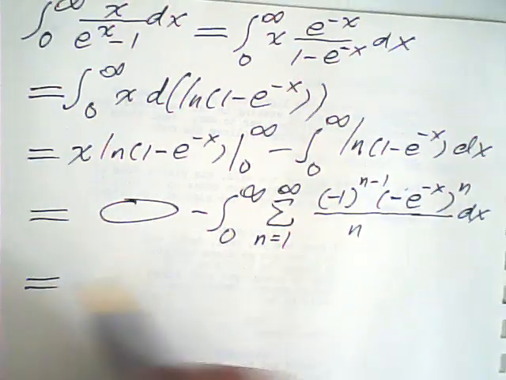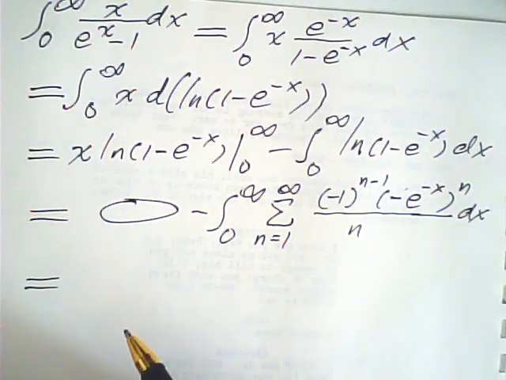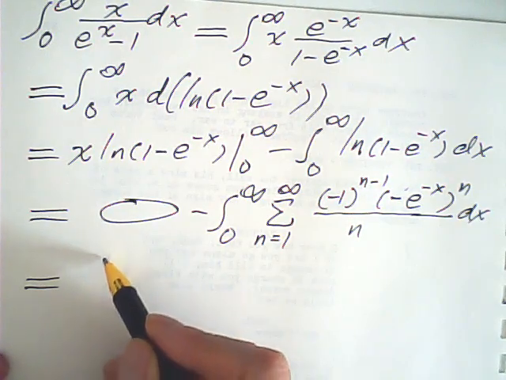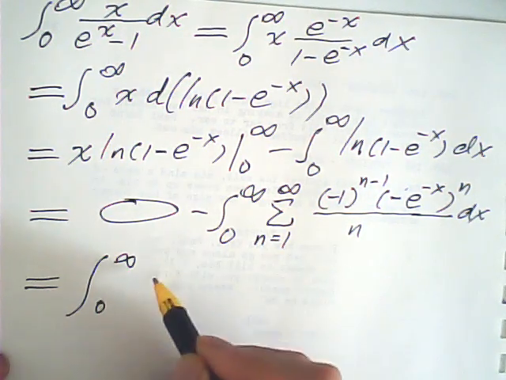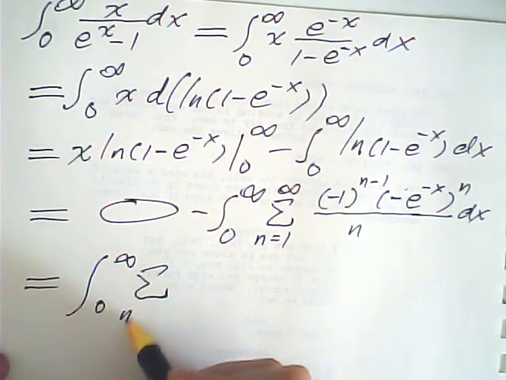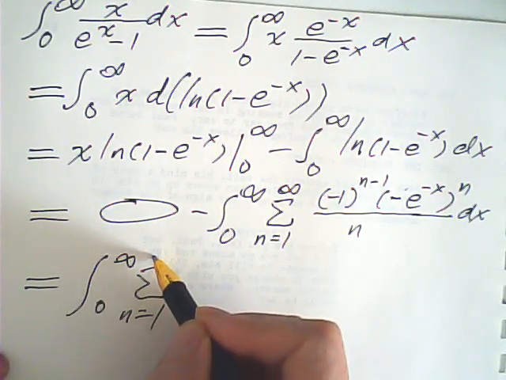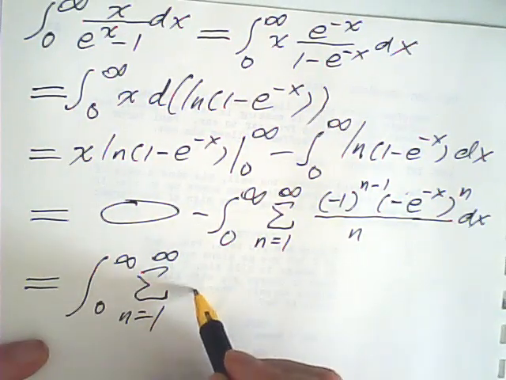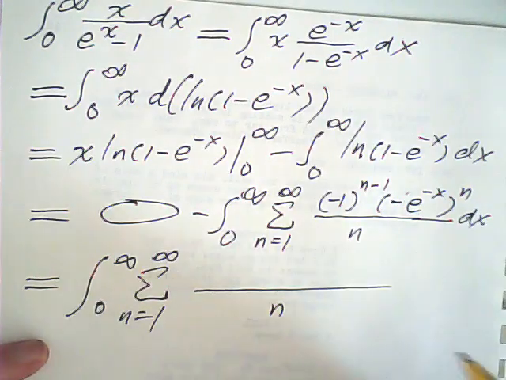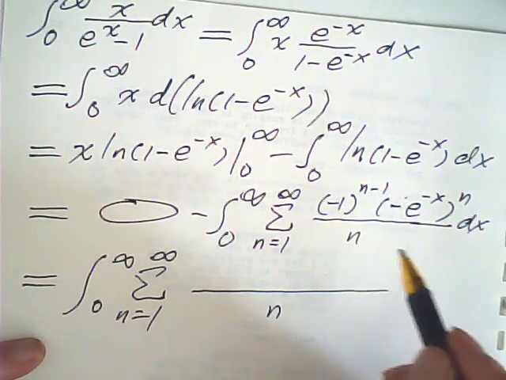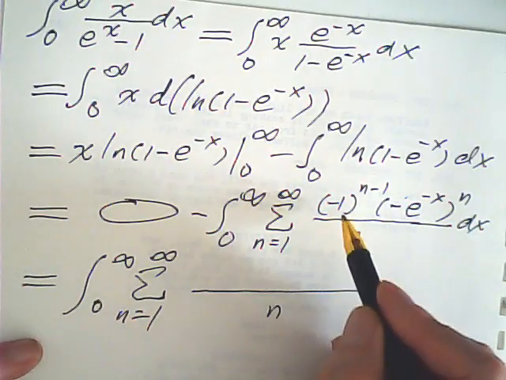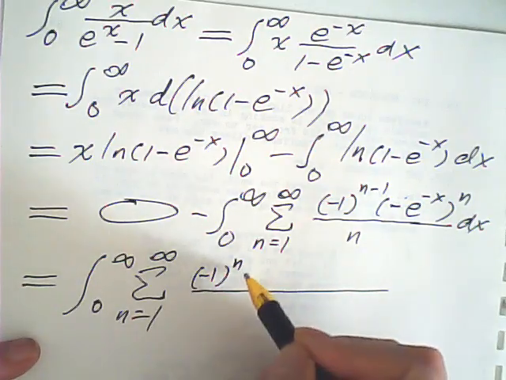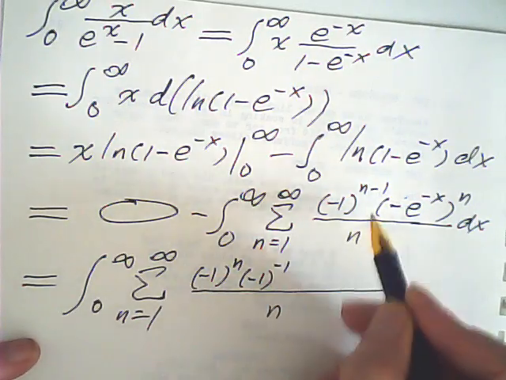Now, let me do this slowly here. This is a bit confusing. The sum from 1 to infinity, this is n. Now, we have a negative here, right? Negative 1 to the n times negative 1 to the negative 1, that is this.